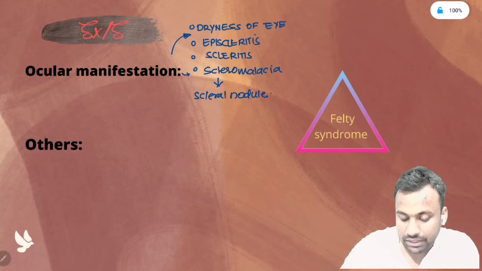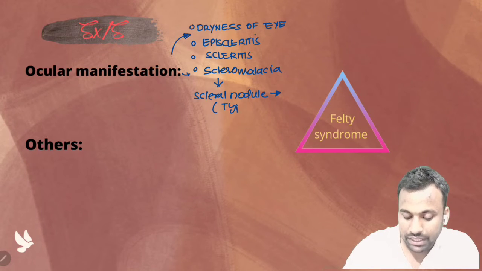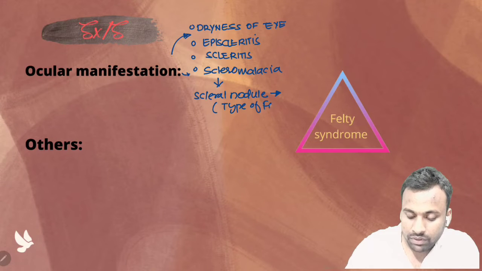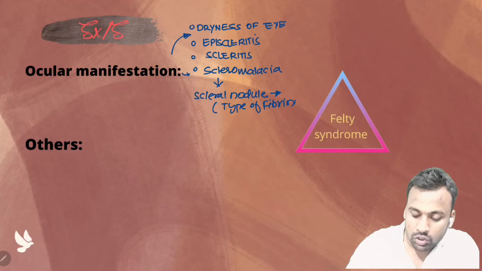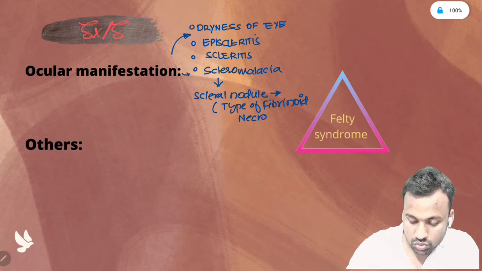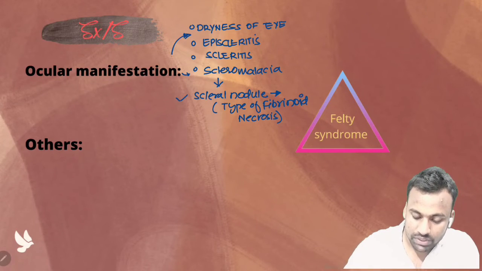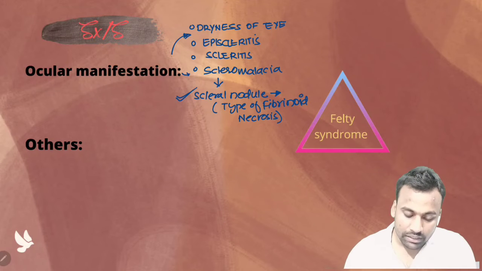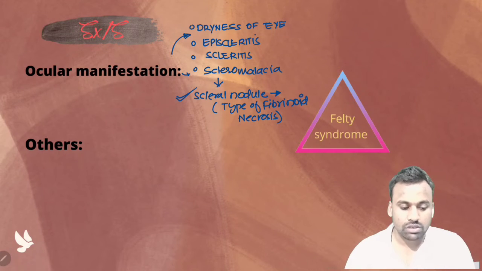It is mainly a type of fibrinoid necrosis and leads to damage to the sclera. These are mainly the ocular manifestations or ocular features which we see in rheumatoid arthritis.